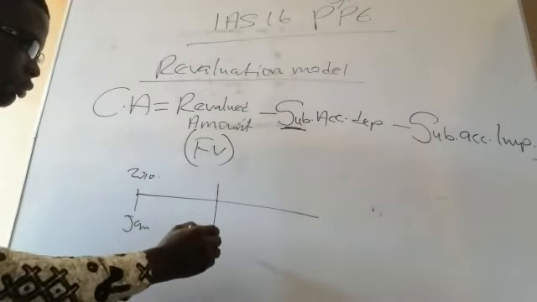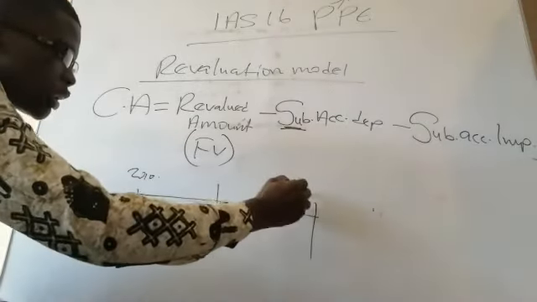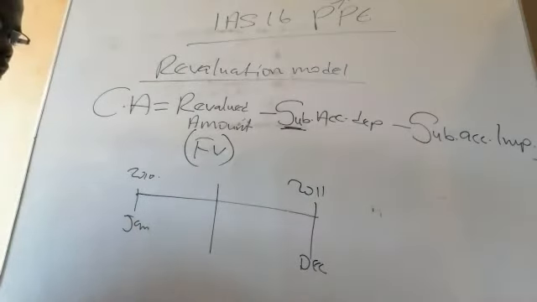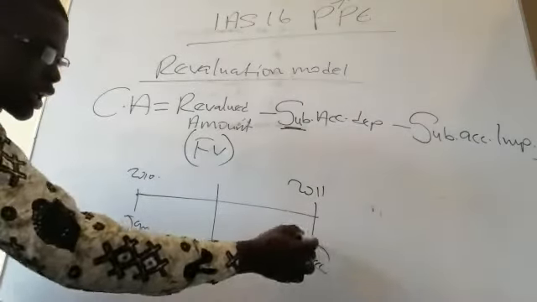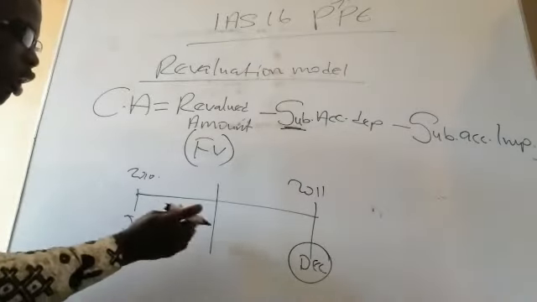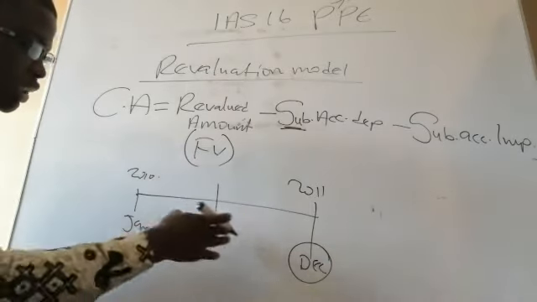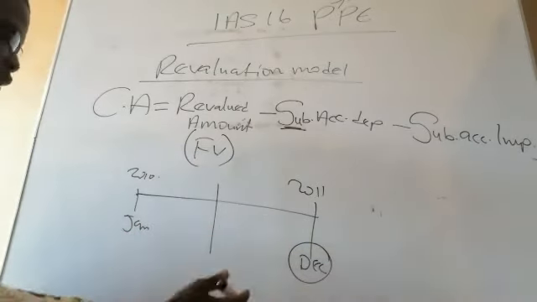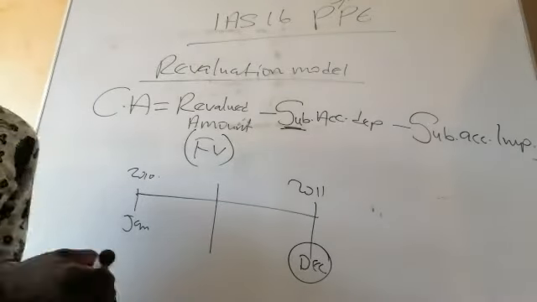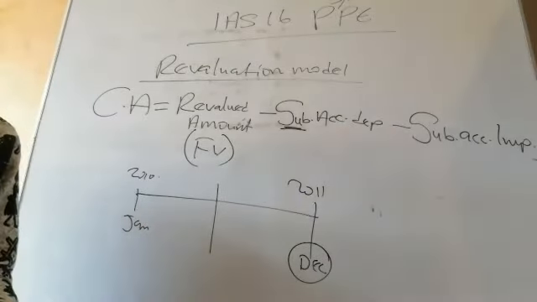Two years later, that'll be December 2011, you decided to do revaluation over here. So when you do revaluation, all the accumulated depreciation that we charged on the asset so far, preceding the valuation, must be cancelled from the book or released. That is it.